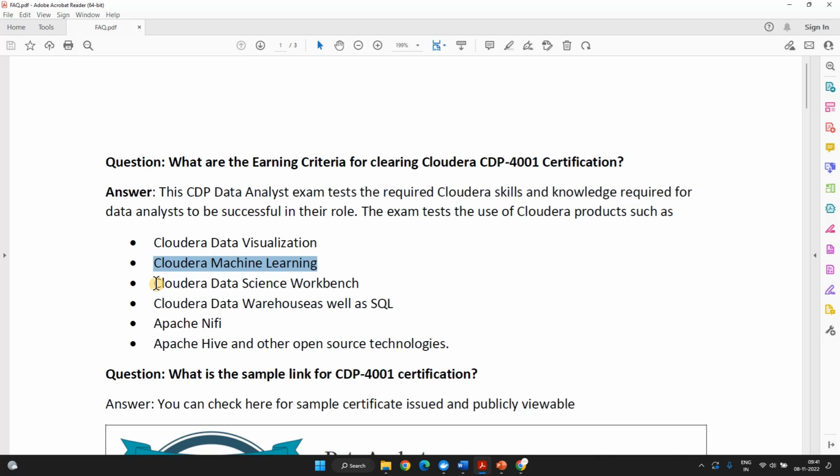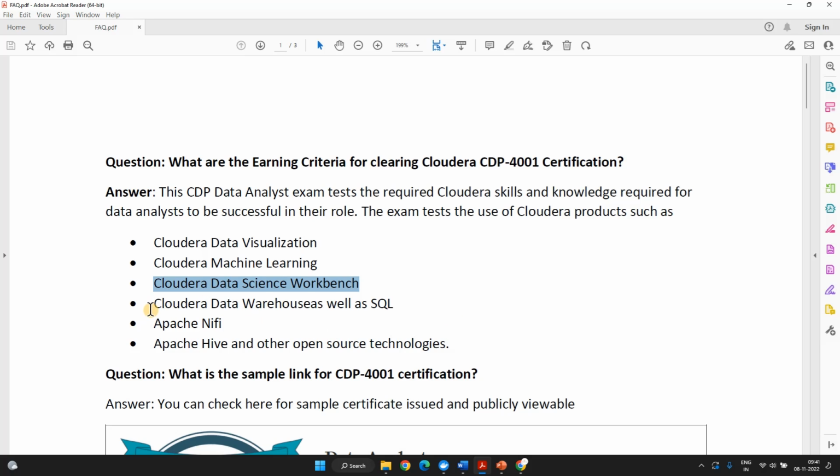Then Cloudera Data Science Workbench, another tool which Cloudera provides. You should have some exposure to how to utilize that tool. But to pass this exam, you may not need heavy hands-on experience with these tools. That should be fine if you don't have exposure to the tool as well, and having theoretical concept knowledge should suffice to pass this certification exam at least.